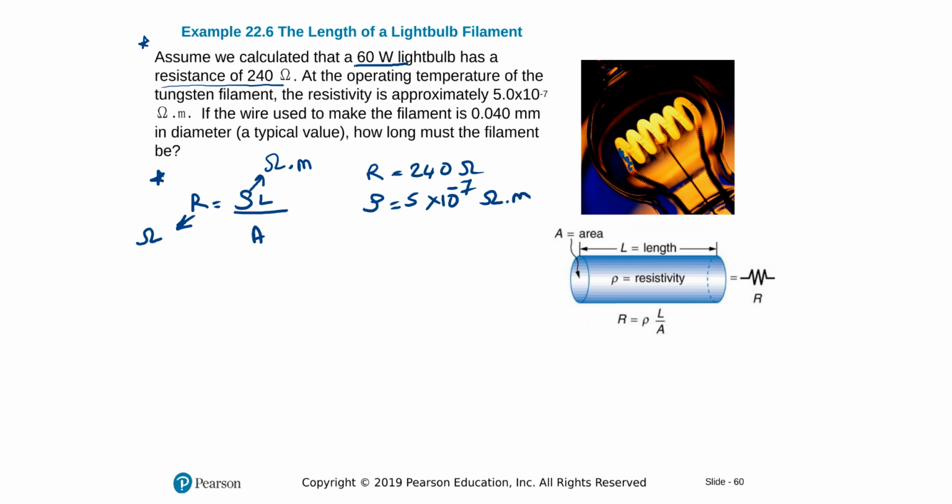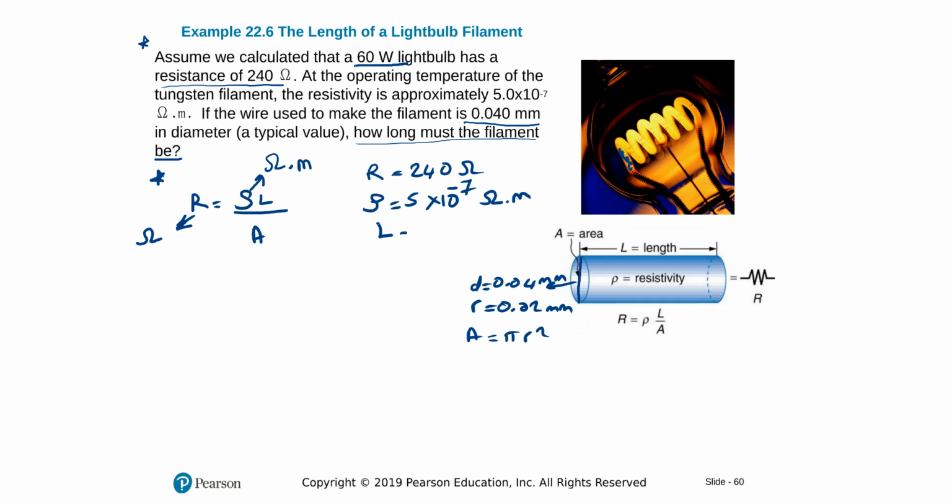If the wire used to make the filament is 0.04 millimeter in diameter, we know the diameter here. Right away we find the radius, 0.02 millimeter, convert to meters, find the area, and we're asked to find how long the filament must be.